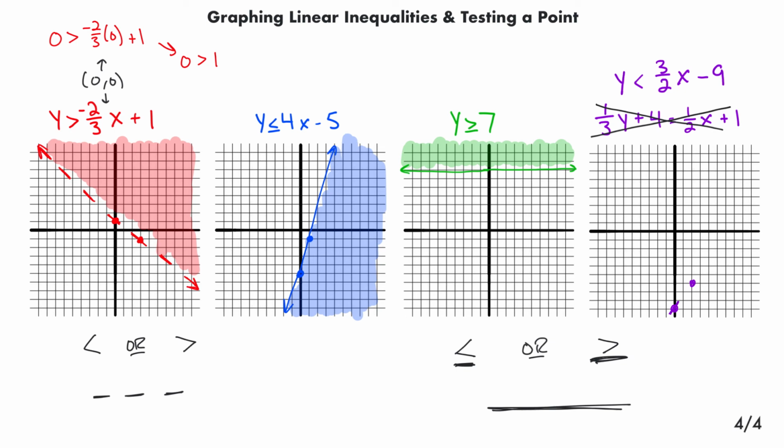This line's going to be dotted. And because y is less than the line, y is less than when you are below. So it's shaded below. You can verify all those shaded regions using a test point if you so choose.